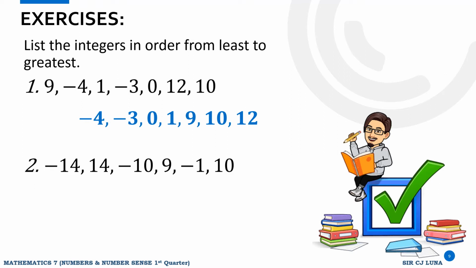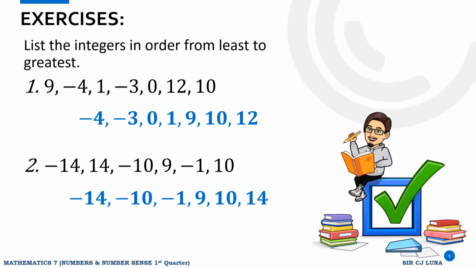Ano ang tamang order nila? Ano yung pinakamaliit? Siya yung nasa unahan. At sa panghuli, yung pinakamataas. Okay, that's correct. The correct order will be negative 14, negative 10, negative 1, 9, 10, and 12.